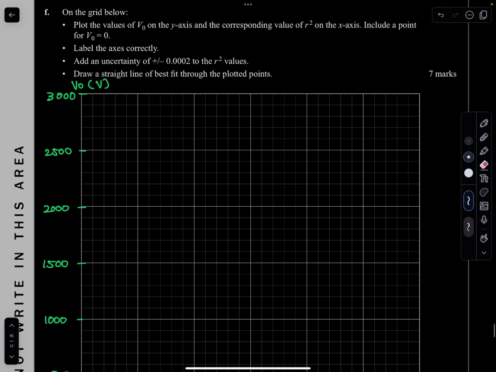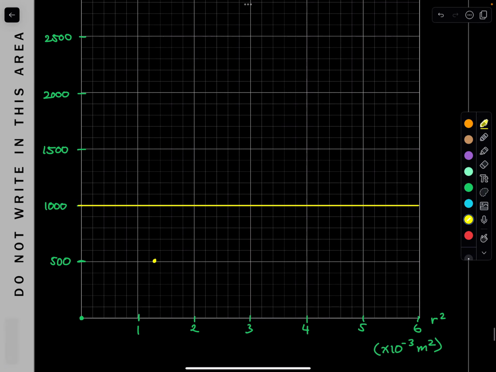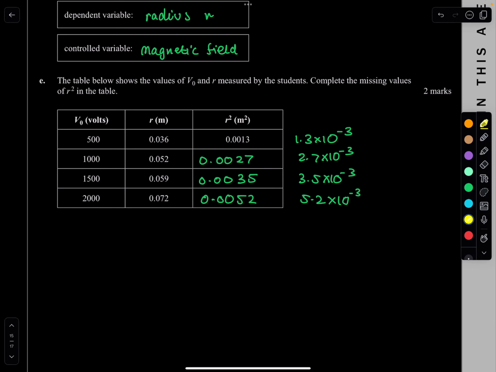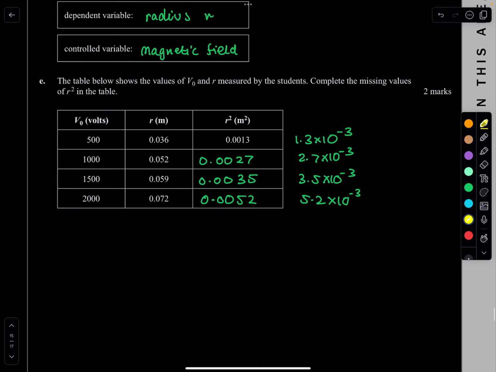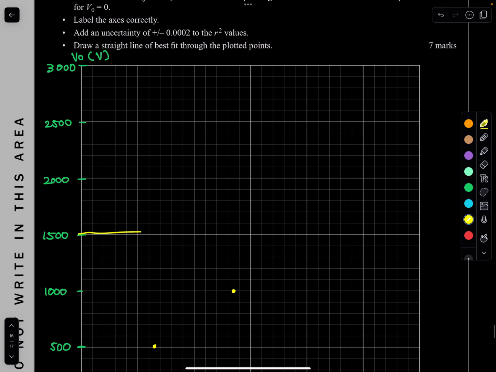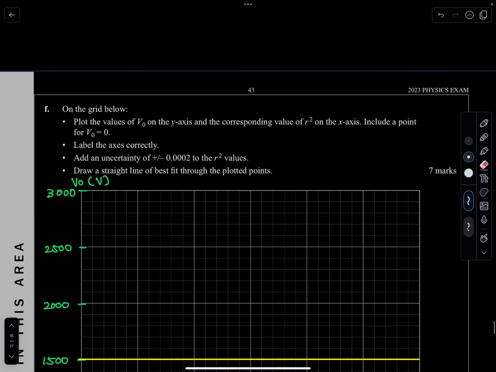1000 volts. Why is it rubbing off? So 1000 volts is going to give me 2.7. So that's 2, 4, 6. 2.7 is around in the middle here. That's it. Next one. So 1500, it's here, is going to be 3.5.